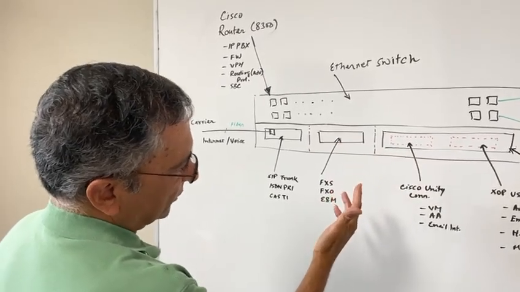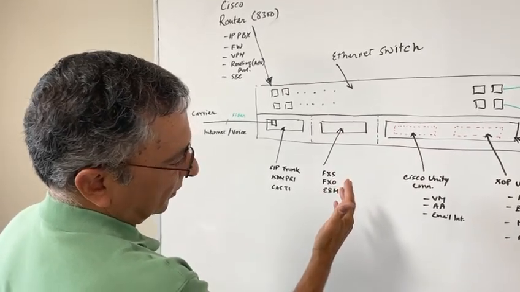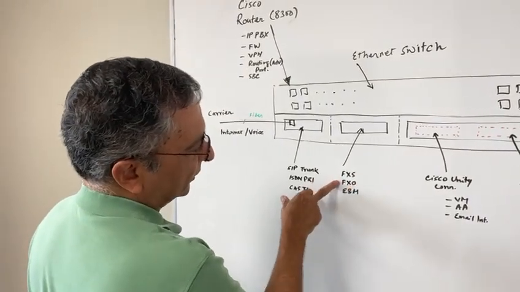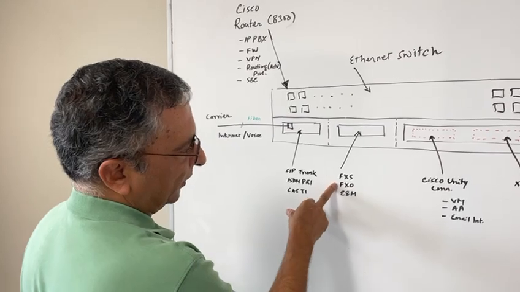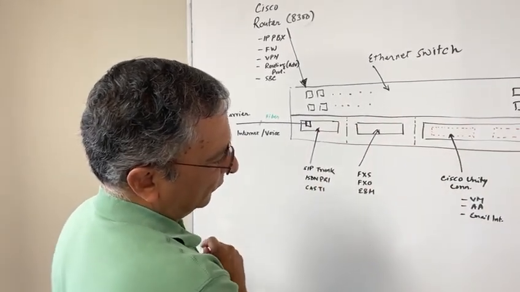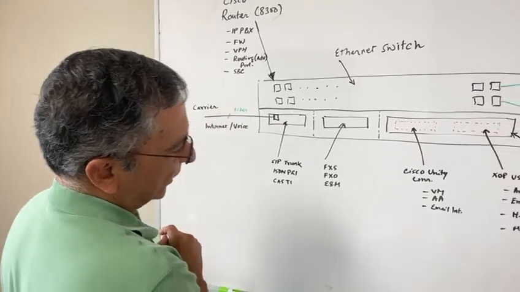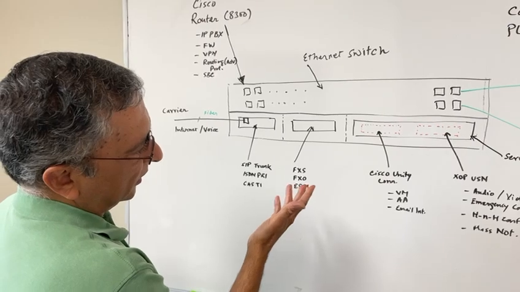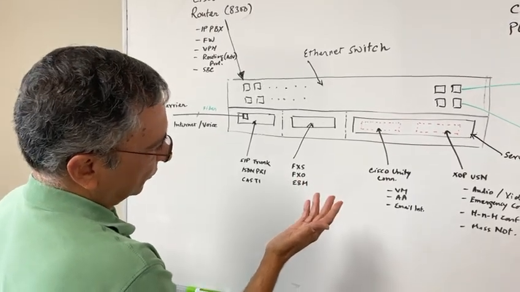If the customer is keen on having trunks from the central office which are also analog, then we can provide that by adding an FXO module. So the bottom line is, by installing a variety of network interface modules that Cisco can provide, we can pretty much meet all the needs of what a typical customer would ask for.